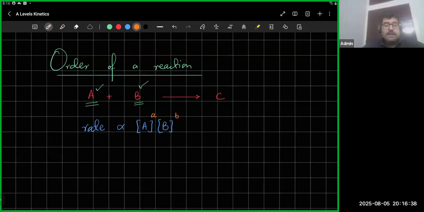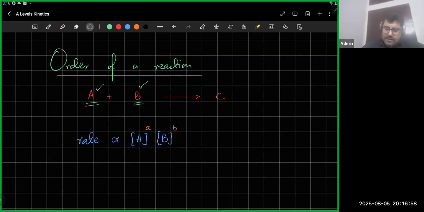That is the exponent. The small a and small b are referred to as the order of reaction.